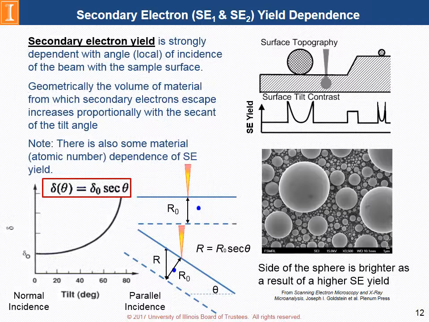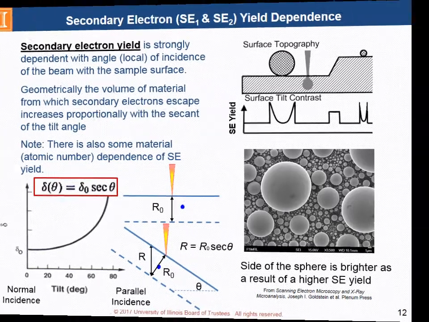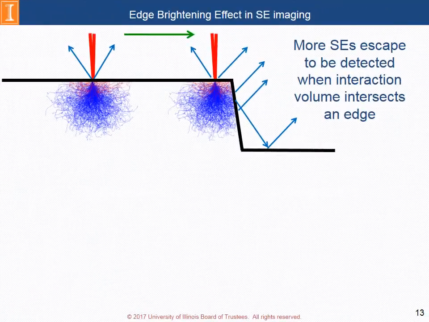And this is clearly demonstrated in this image. The sides of the spheres are brighter as a result of a higher secondary electron yield. This is why we have the edge brightening effect in secondary electron imaging.